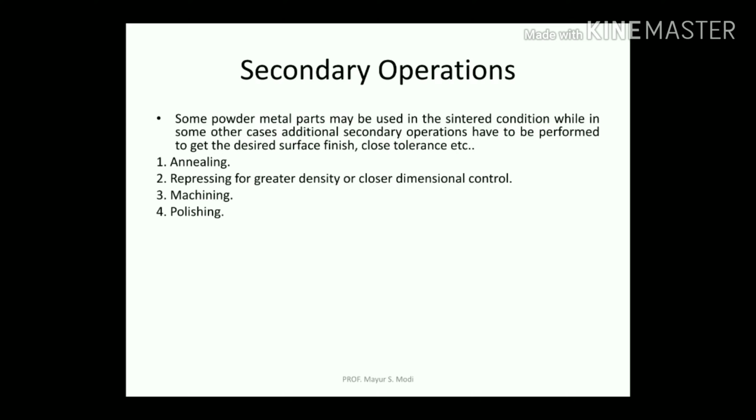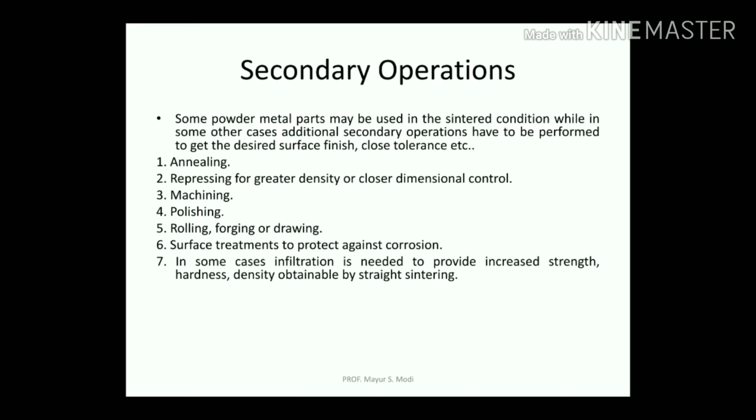Machining is required, and sometimes polishing is also required. Rolling, forging, drawing, and surface treatments to protect against corrosion. In some cases, infiltration is needed to increase the strength, hardness and density obtained by straight sintering.